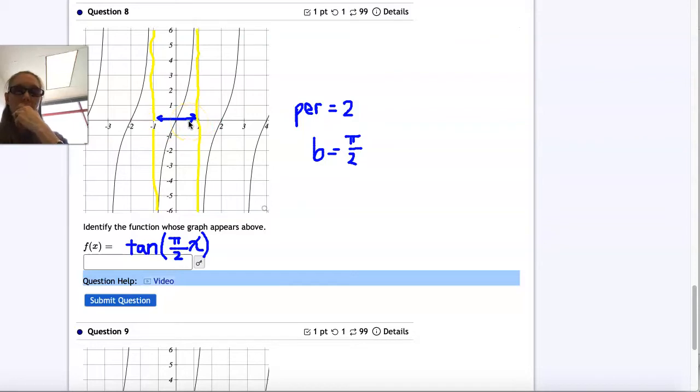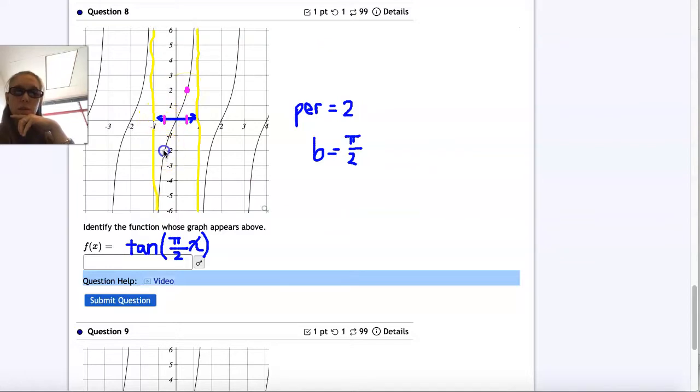Okay, so the last thing I need to do is figure out what number might need to go out in front here, and I can figure that out by looking at the quarter cycles. So if I were to put a little notch here at a quarter cycle, and another notch here at a quarter cycle, and then follow the quarter cycle up, then I can see that this point is 2 and not 1.